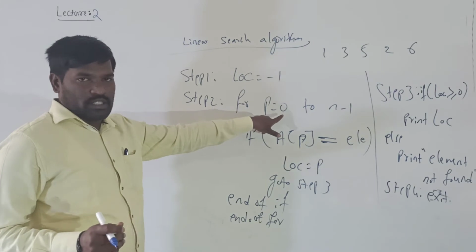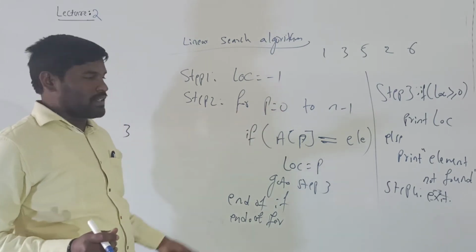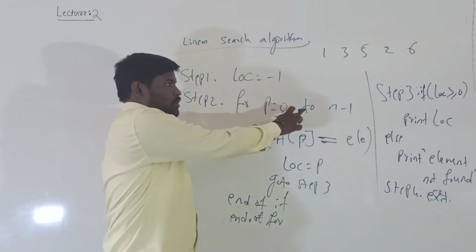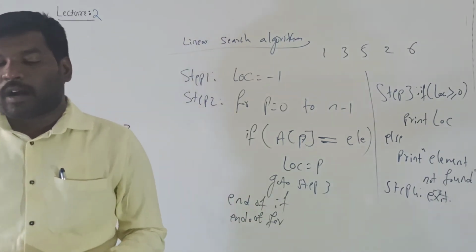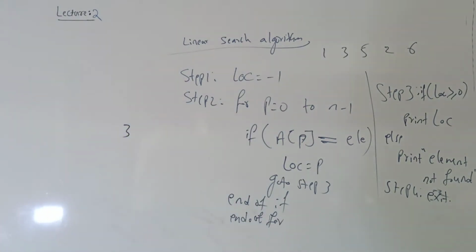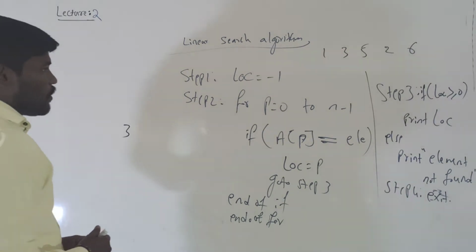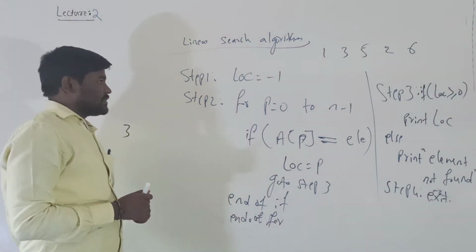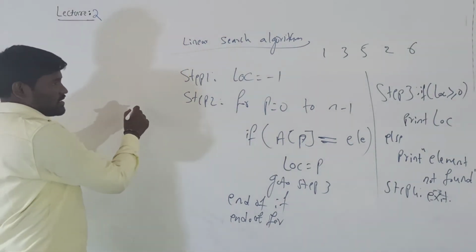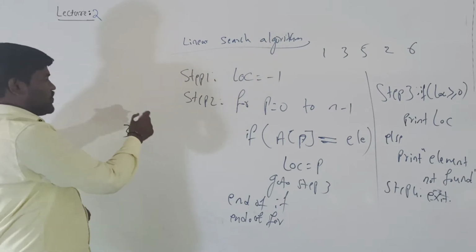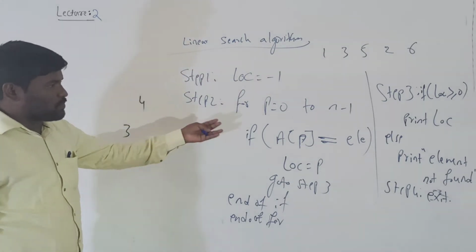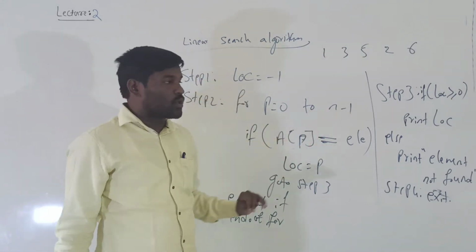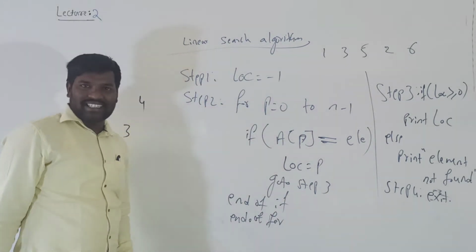P is equal to 0. Here P is a variable, and this process will repeat up to n-1. Here the number of elements is 5, and 5 minus 1 is 4, so this process will repeat from 0 to 4. 0 is less than 4, the condition is true.